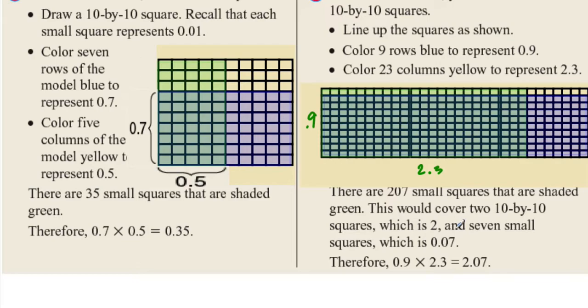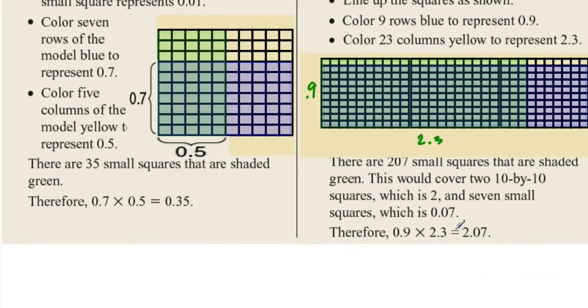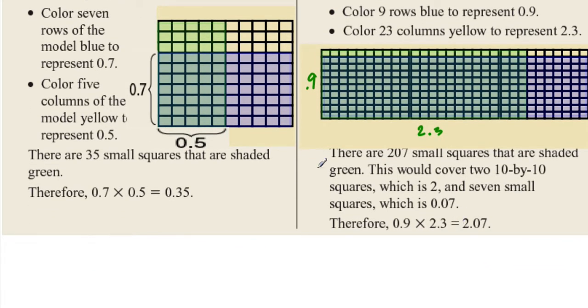That means this would cover 2 10 by 10 squares, which is 2, and 7 small squares, which is 0.07. And that's the reason why the answer of 0.9 times 2.3 is 2.07. We end up with 2 whole squares and 7 small squares.